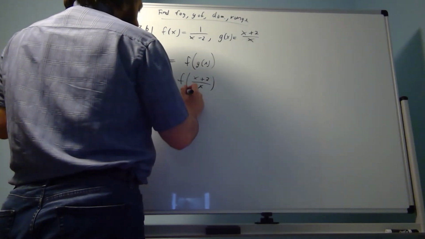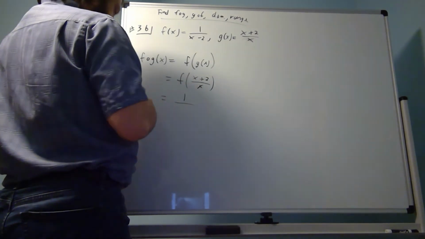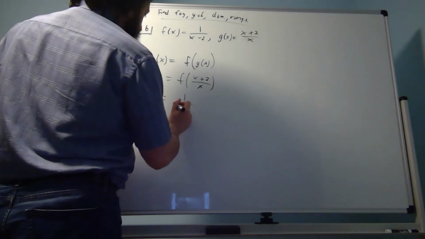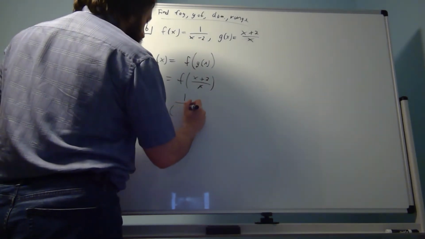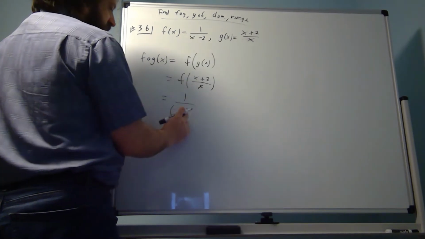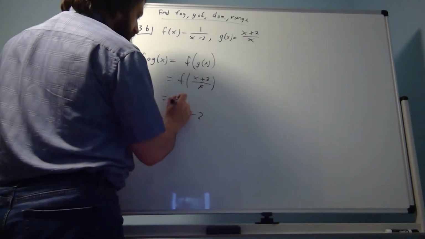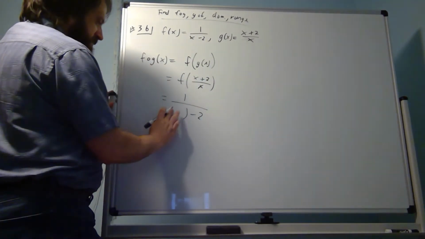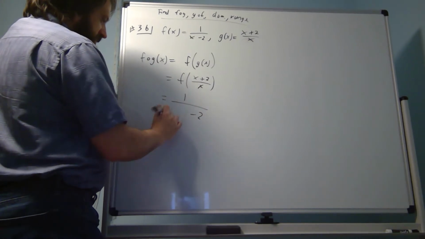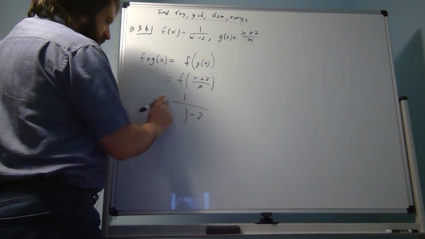So we take 1 divided by, not just x minus 2, but here's where x is in the original expression, and we don't have x anymore. We have, oh man, you won't be able to see it unless I make it a little bit larger.